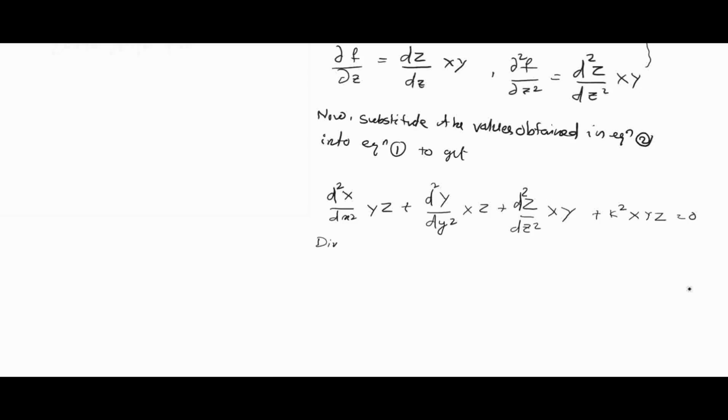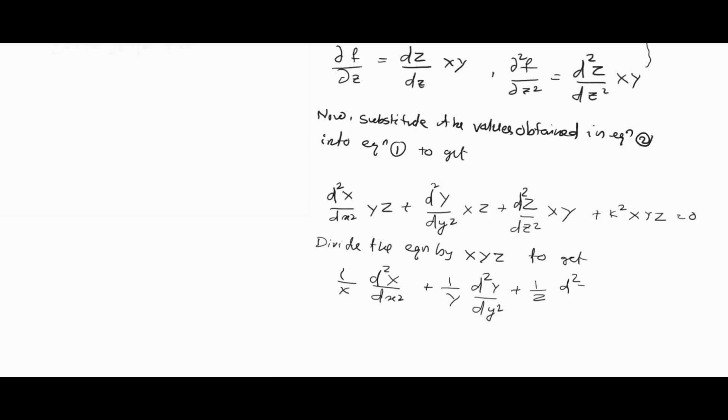So divide the equation by xyz to get what we will get: y and z, yz will be cancelled, we will get 1/x d²x/dx², then 1/y d²y/dy² plus 1/z d²z/dz² plus k², because xyz and xyz will cancel each other, will give us 0.